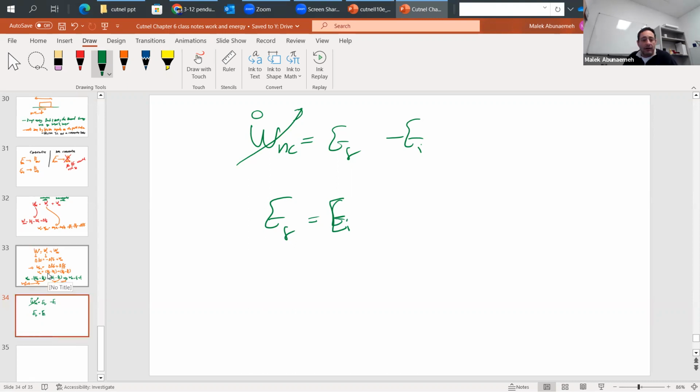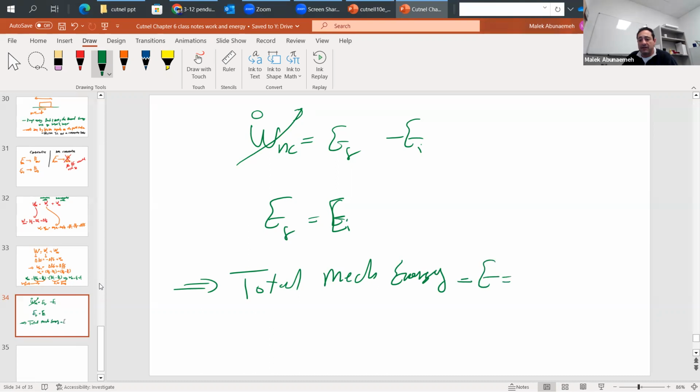So that means your total mechanical energy is E, which is all your potential plus all your kinetic added up together.